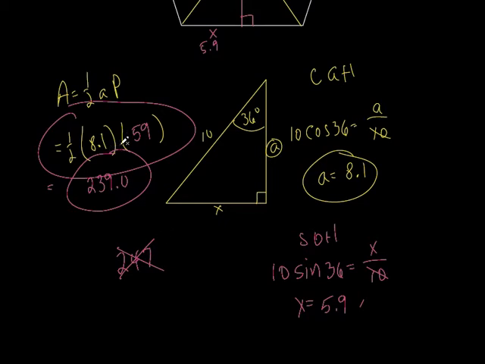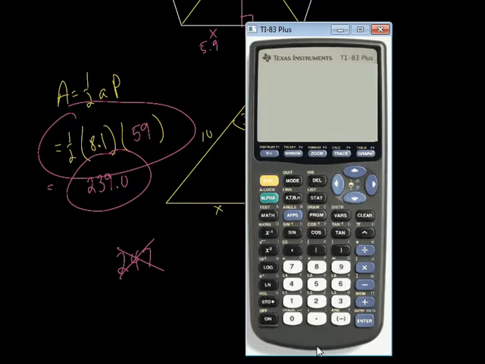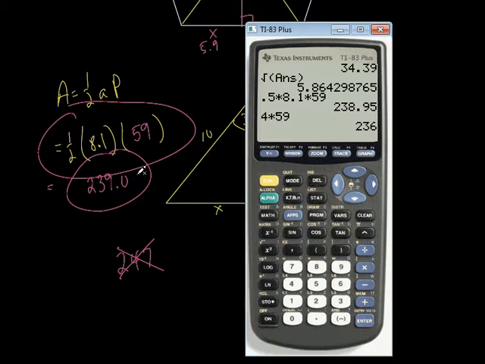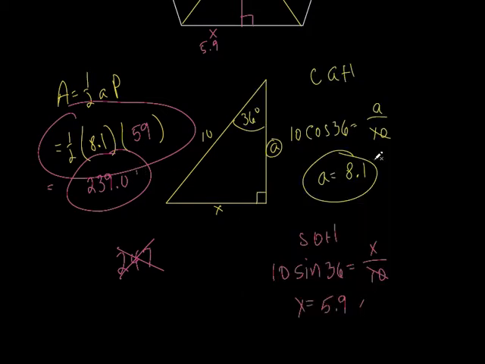But if you just would have put 8, for instance, so if this was 8, half of 8 is 4. 4 times that is, I should be able to do that in my head, but 4 times 59 is 236. So you may have gotten 236 for this, but 236 might have been all right because you looked at this and said, oh, I just rounded it to 8. You follow me?